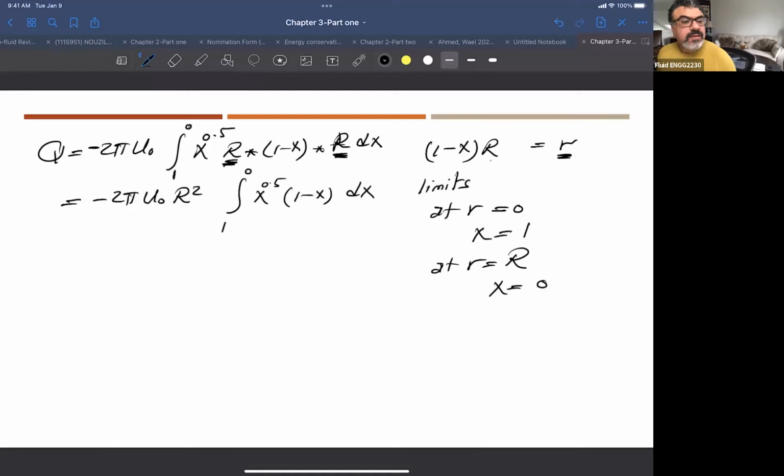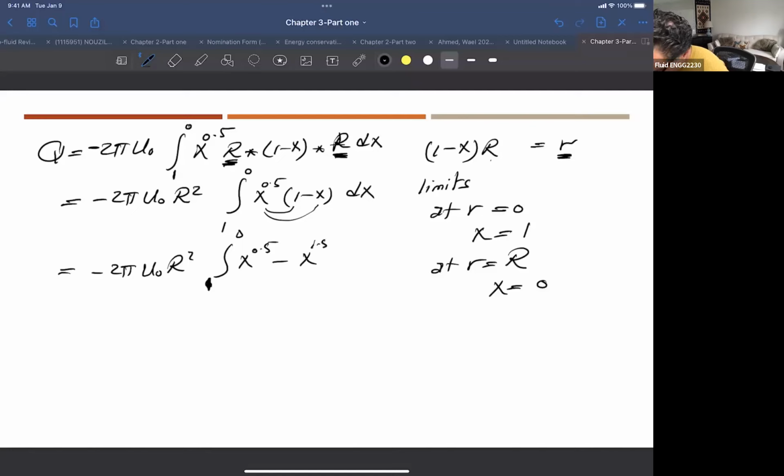It's a very simple integration here. Why? Because I can multiply this and then multiply that, right? So it's minus 2 by u naught R square, 1 to 0, x to the power 0.5 minus x to the power 1.5, all this dx. It's a very simple integration now.